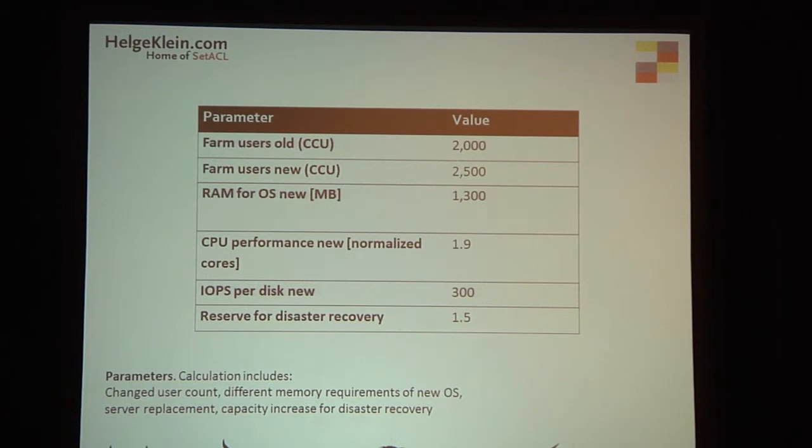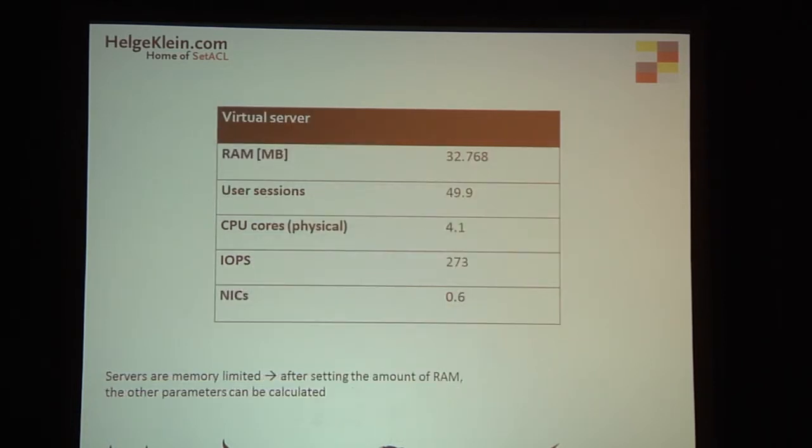That value depends on the kind of IOPS you have. And then we want to have 50% overcapacity for disaster scenarios. So with these parameters, we can size a server. Now the final task is really simple.